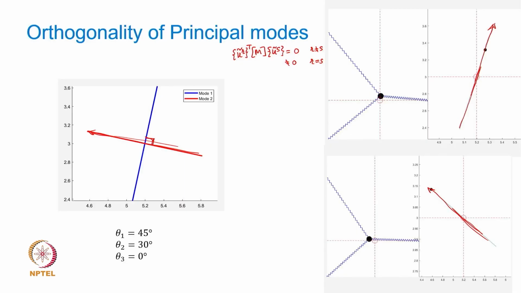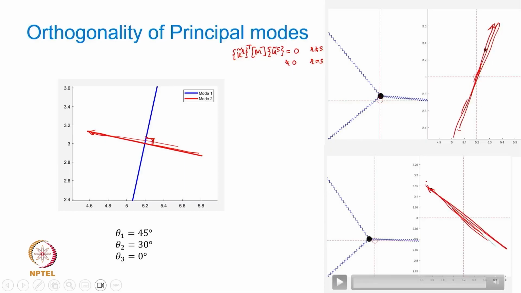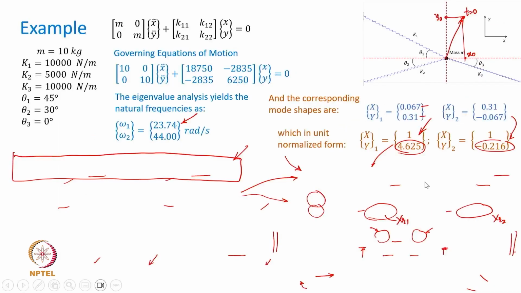The first mode motion and the second mode motion in the xy plane can be shown orthogonal to each other. You can verify that by the values that have been used for their individual modes. So you check the values of these mode shapes and put them as the initial conditions for both the modes.